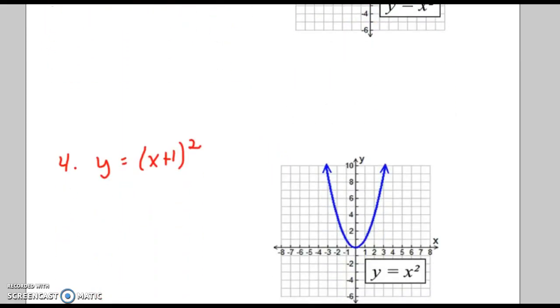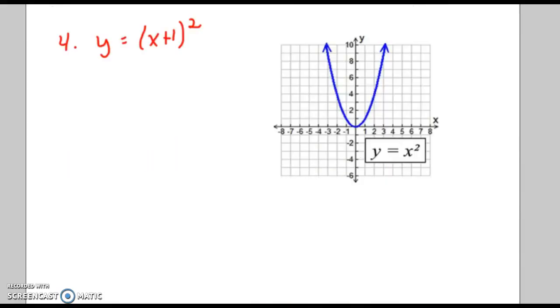Okay, and so this bottom one, y equals (x plus 1) squared. Again, we know since it's in parentheses, it's going to be shifted left or right. And when it's in parentheses, we think opposite. So it will be translated left 1.